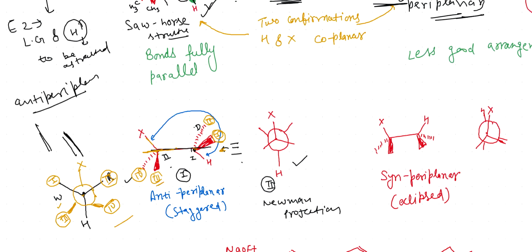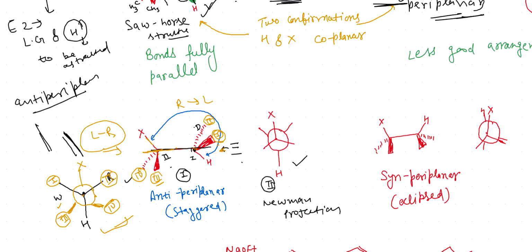Clear? So if you are seeing from this side, from left to right, and I told this situation in case of when you are seeing from the right side, meaning you are watching right to left. When you are seeing left to right, then you can change the direction of wedges and dashes.